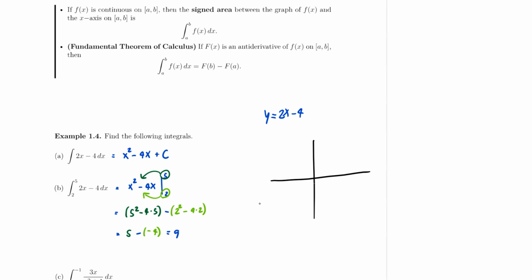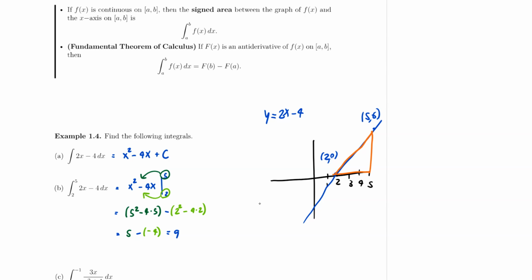So I have this 1, 2, 3, 4, 5, and then the line is going to look just like this. When x equals 2, so this is (2, 0). And this is (5, 6). So once again, I have this orange triangle, which is the area between the graph of my function, which is the blue line, and the x-axis.